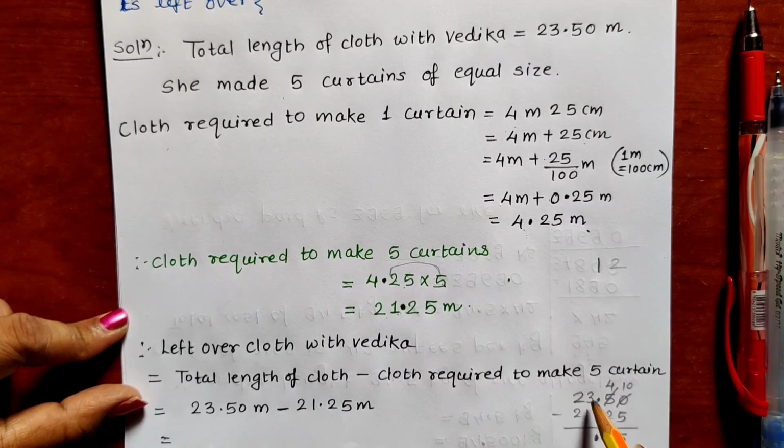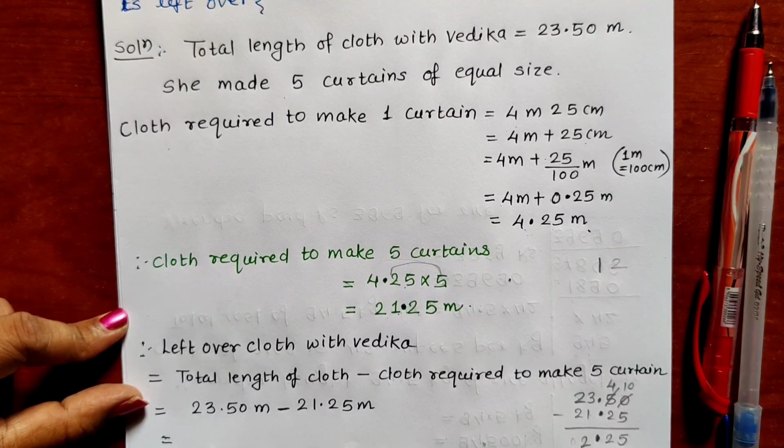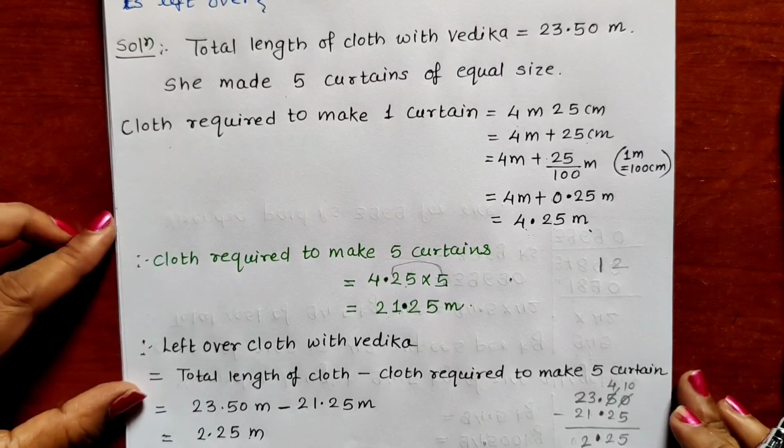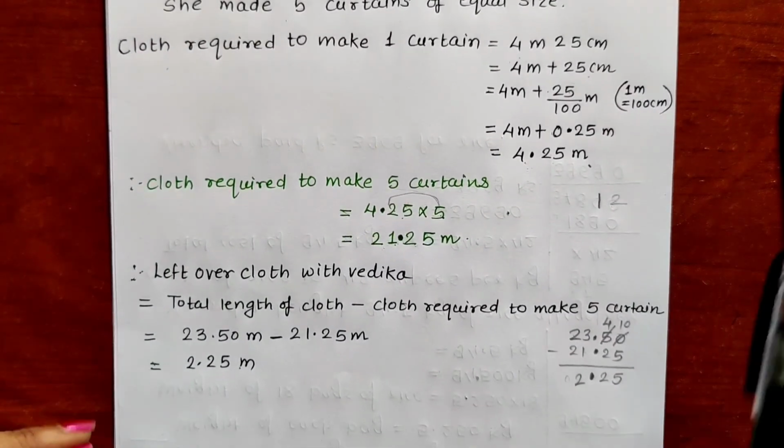Point below point. 3 minus 1 is 2 and 2 minus 2 is 0, so 0 we don't write. So how much cloth is remaining? 2.25 meter. Okay, in this way you can write the full solution and in the end write the answer statement.